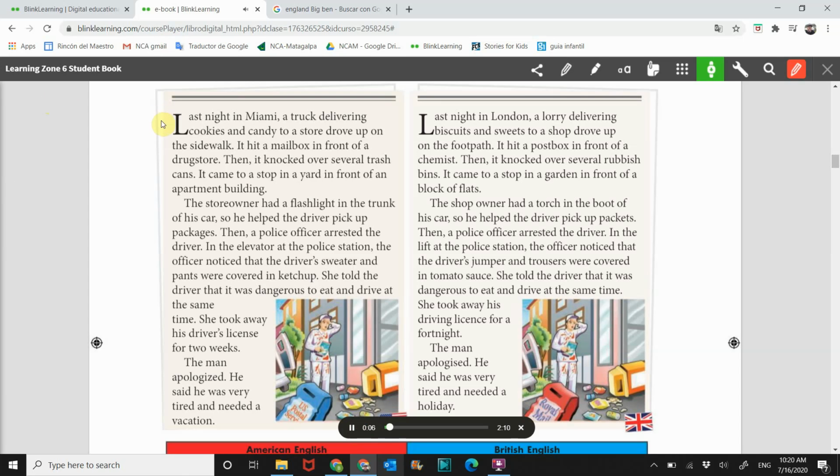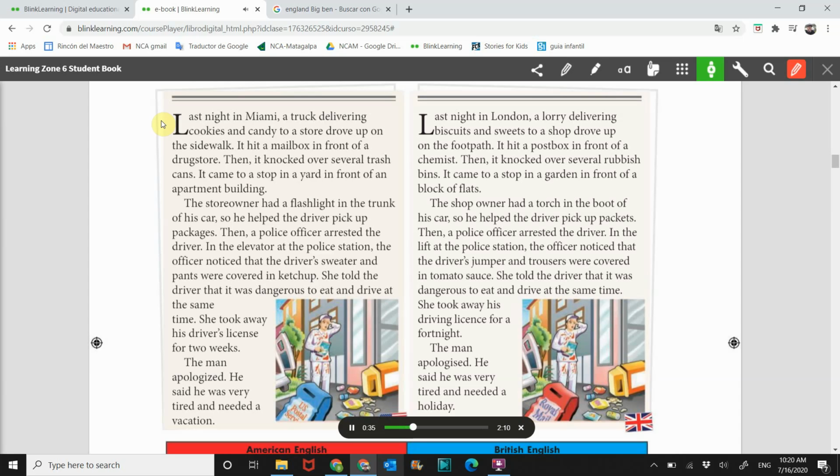Lesson B, pages 32 and 33. 1. Listen, read, and write the American and British vocabulary differences in the table. Last night in Miami, a truck delivering cookies and candy to a store drove up on the sidewalk. It hit a mailbox in front of a drugstore. Then it knocked over several trash cans. It came to a stop in a yard in front of an apartment building.